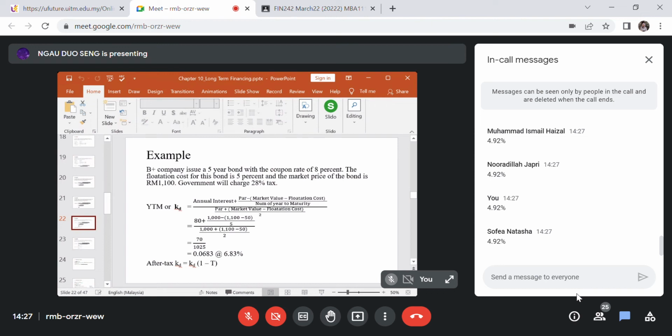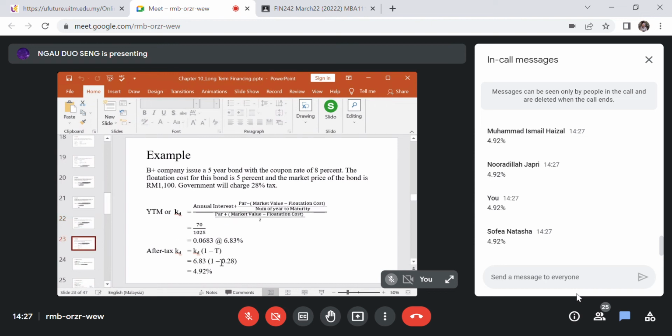All right, so we check. So we have 4.92%. All right, so those who want to copy, you can copy. Let me know if you have done.